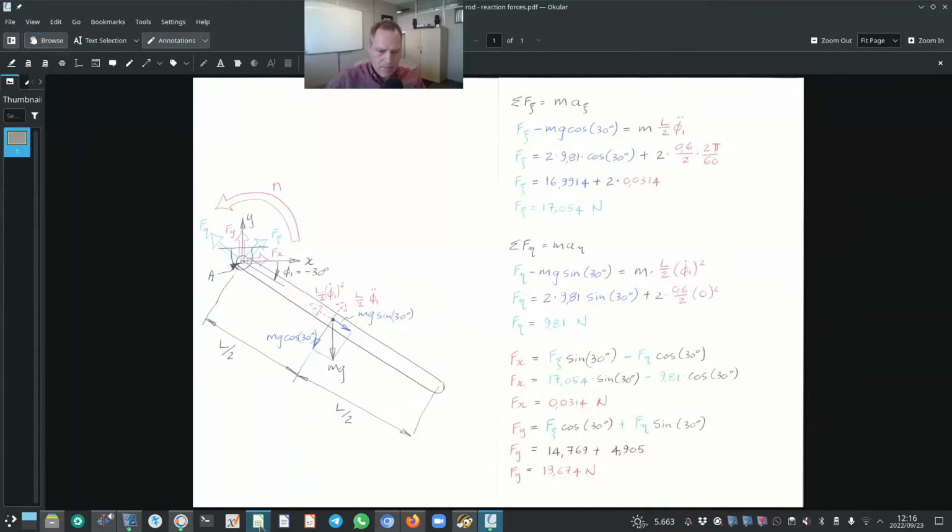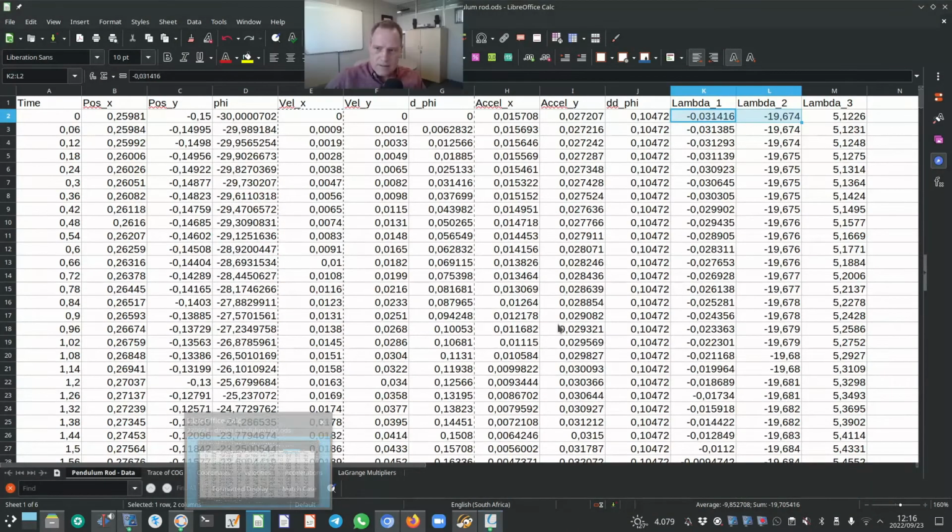Okay, so now the Lagrange multipliers, exactly the same as in lecture 2, have the same magnitude as the calculated reaction forces, but the signs are negative.